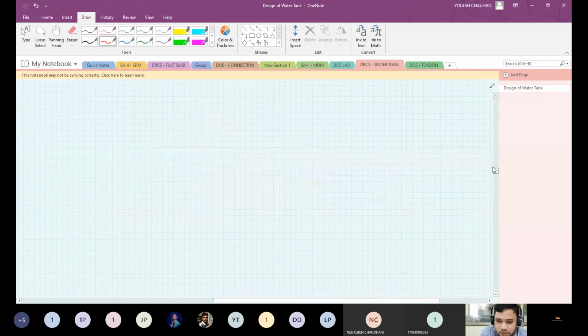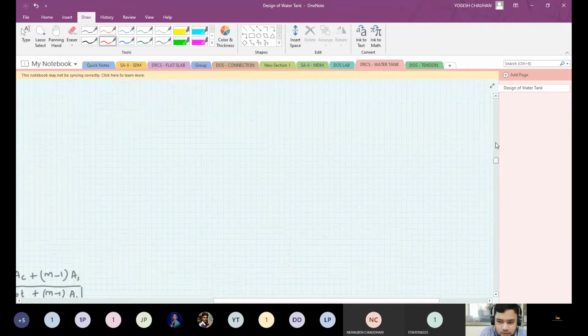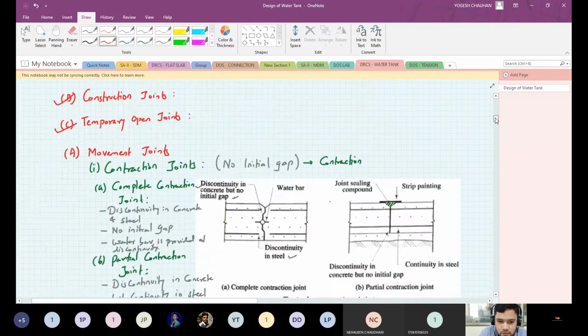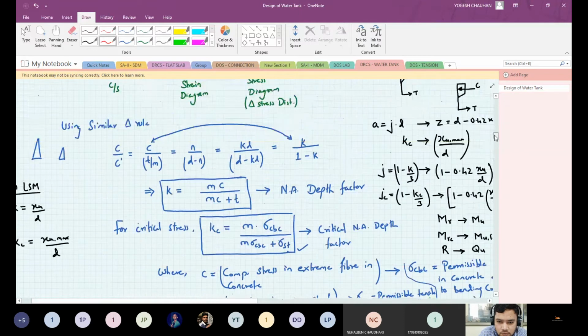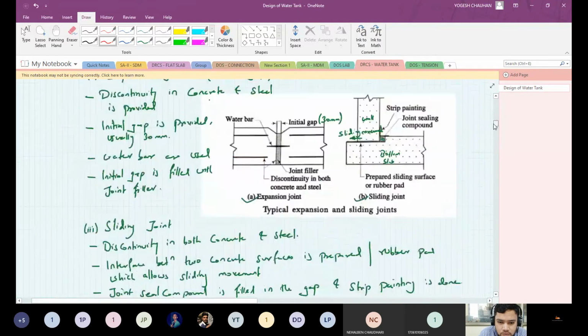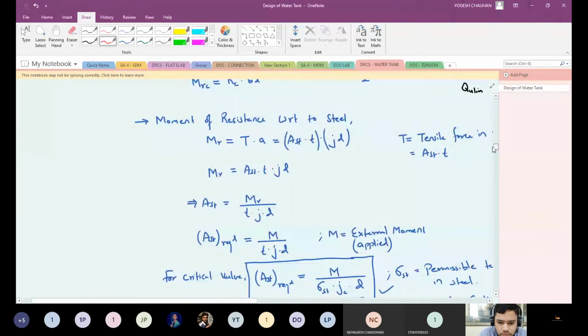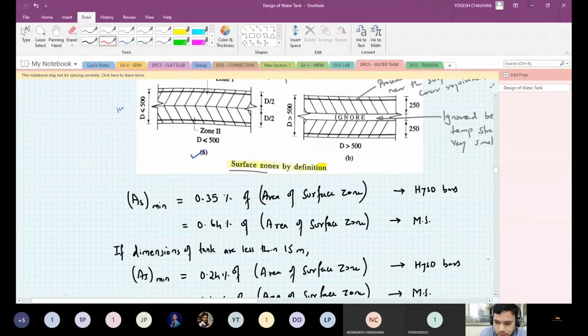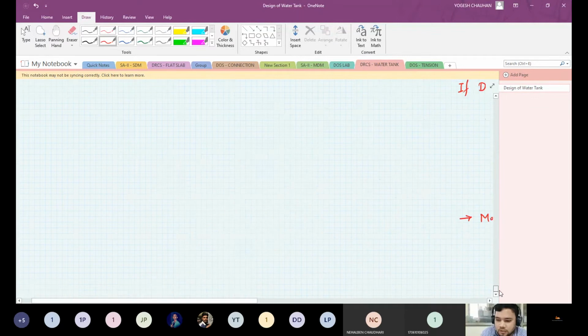So if you remember the rules of minimum steel, for HYSD bars it is 0.35 if the length of the member is more than 15 meter, but if the dimension of the tank is less than 15 meter, it is 0.24 for HYSD bars. So you can use 0.24.